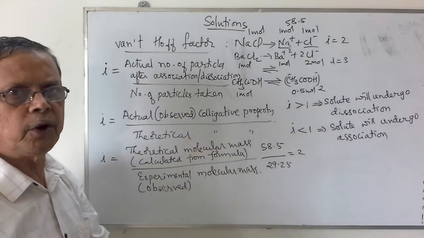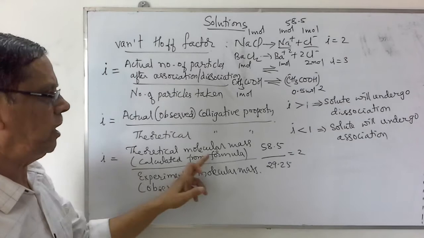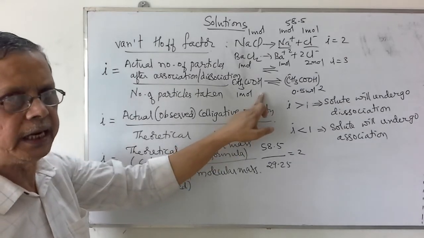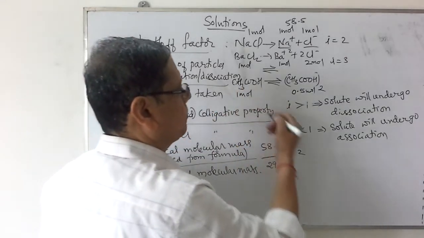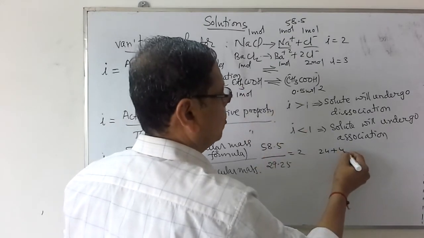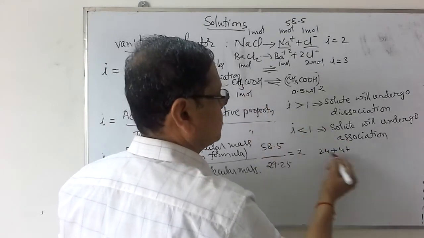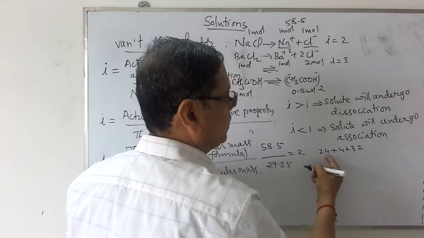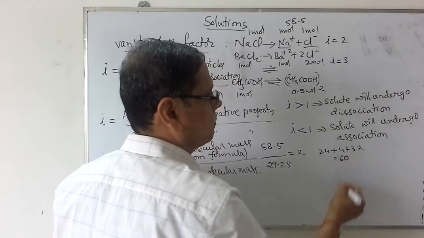Now when you come to the molecular mass, the theoretical molecular mass for acetic acid, if you calculate: 2 carbon atoms, 24, plus 4 hydrogen atoms, 4, plus 2 oxygen atoms, 32. 28 plus 32, it is 60.